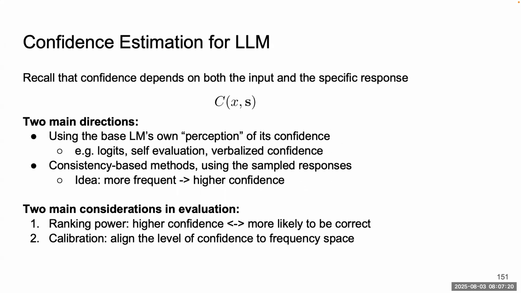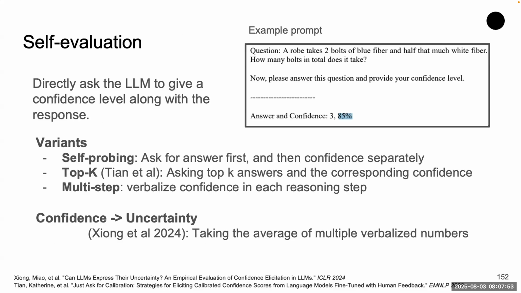One is using the base language model's own perception, its self-evaluation or logits, for its confidence, or using consistency, where you generate multiple times and calculate the consistency of the sampled responses. There are two main considerations in the evaluation, the same as uncertainty quantification. They also use AUROC or ECE. That's the reason why we leave just a very short time for confidence here.